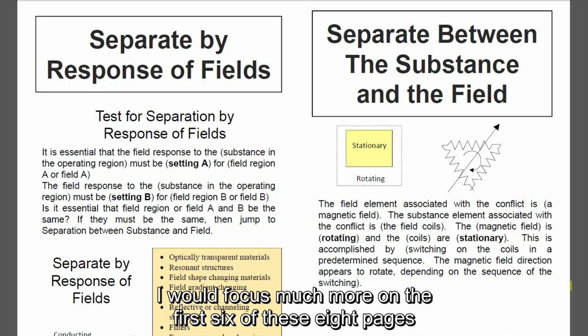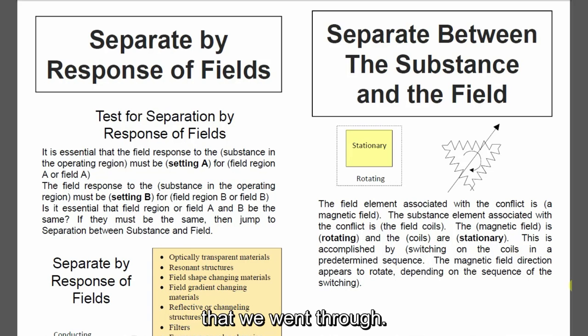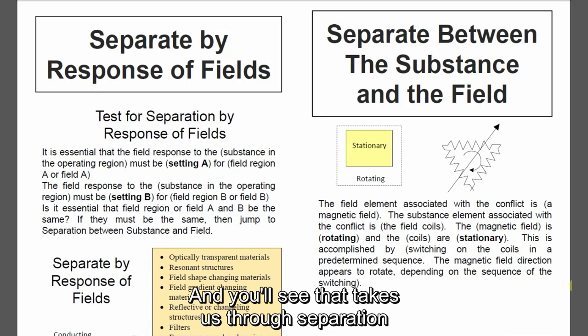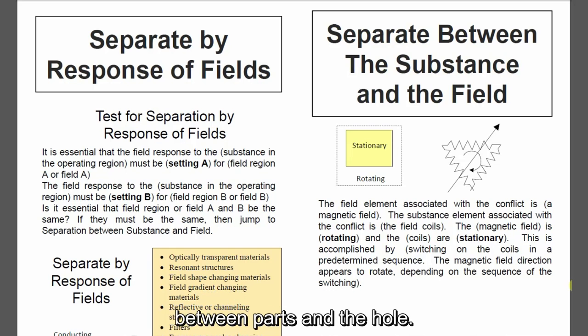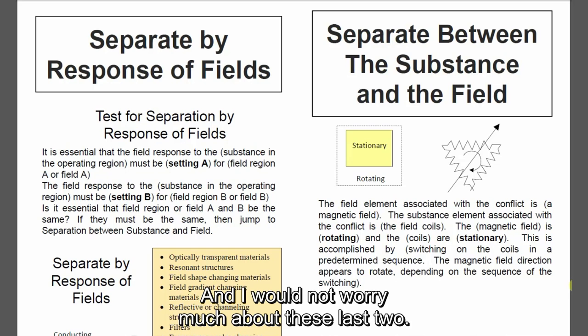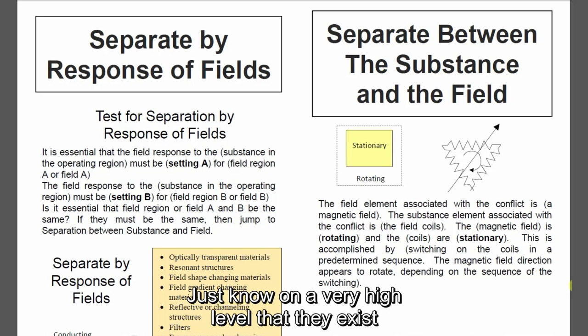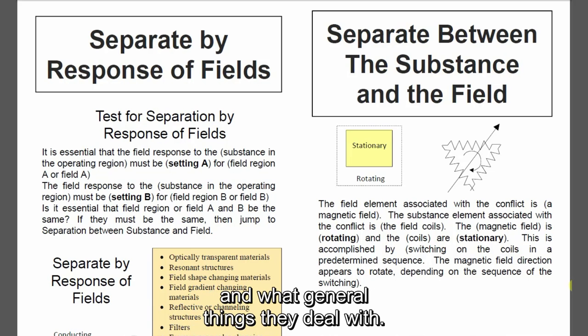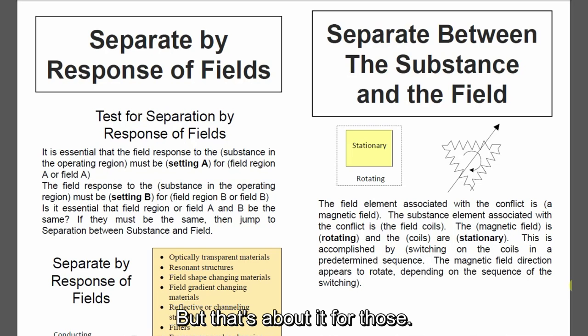I would focus much more on the first 6 of these 8 pages that we went through. And let's see, that takes us through separation between parts and the whole. And I would not worry much about these last 2. Just know on a very high level that they exist and what general things they deal with.